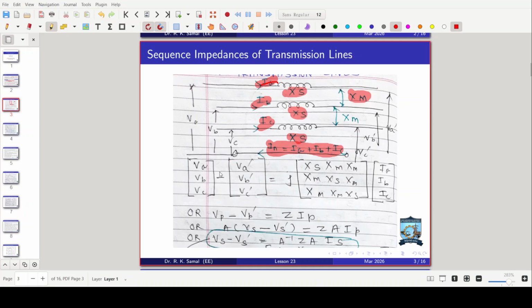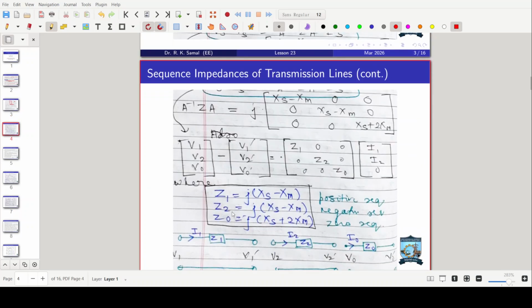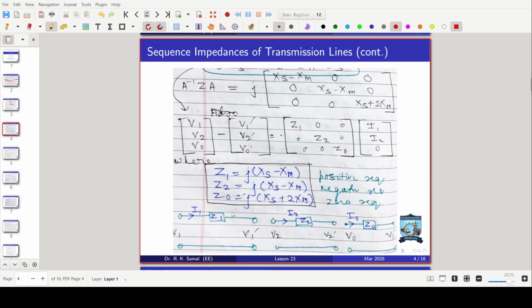So we can write a network equation for this case, and we will find that the positive, negative, and zero sequence impedances of the transmission line are given by this.